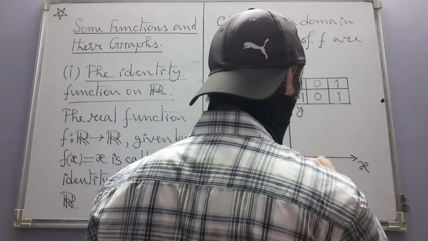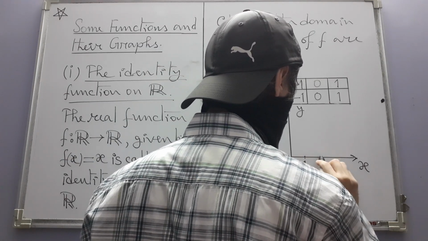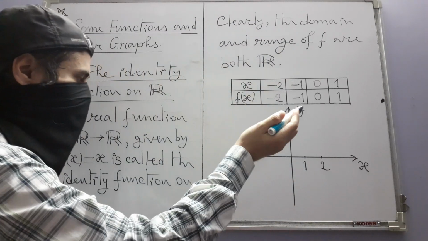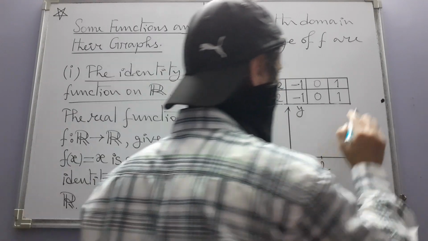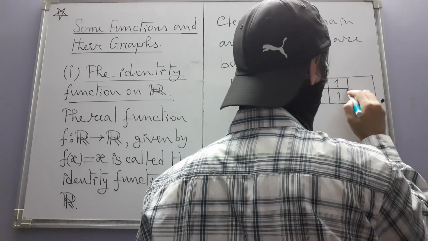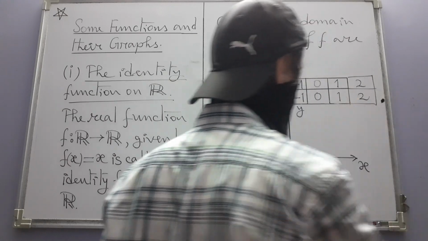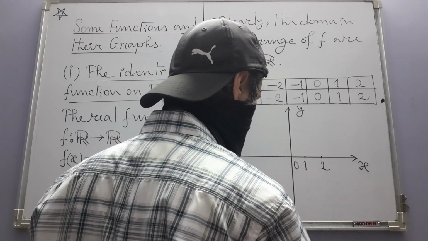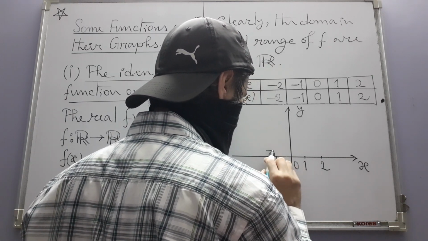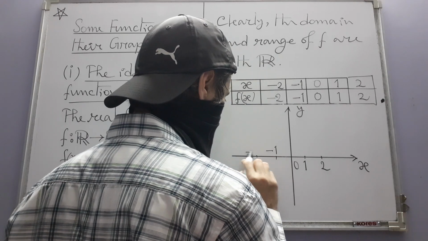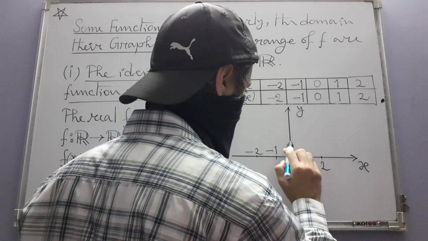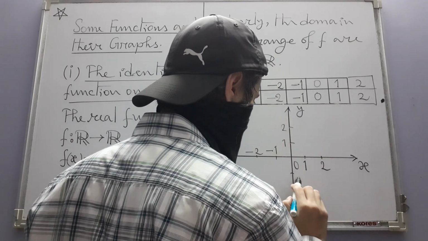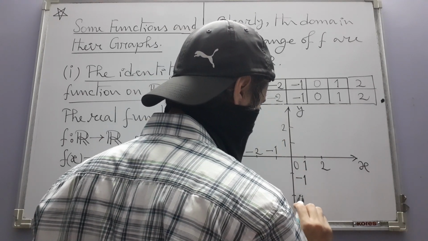So say this is my 1 and this is say 2, although we don't have 2 here. If you want, you can put one more place for 2, and this of course is 0, and then you have minus 1, minus 2. On the y-axis also correspondingly you have 1, 2, say minus 1, minus 2.